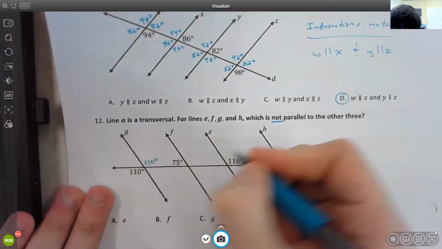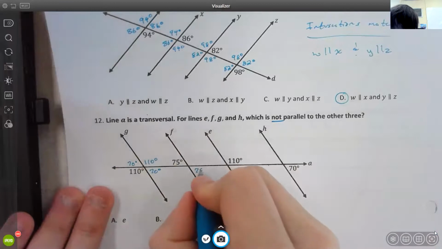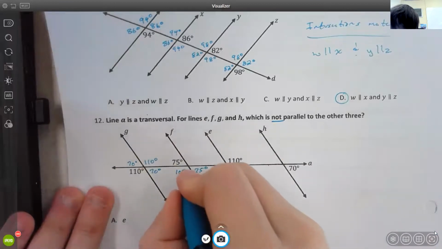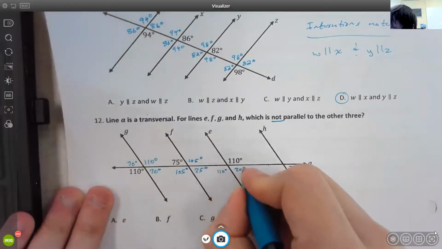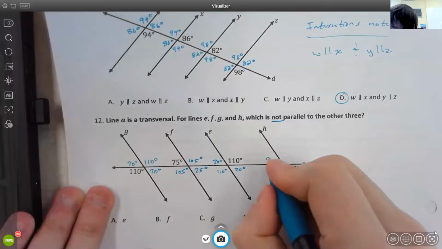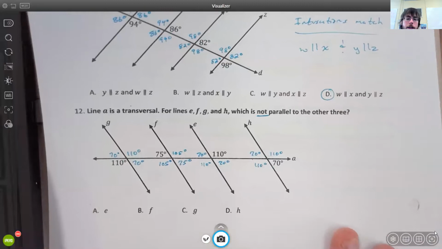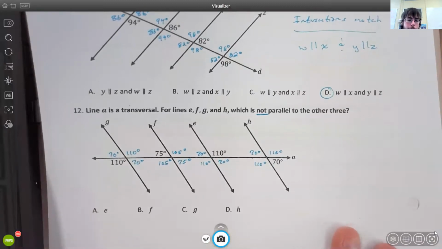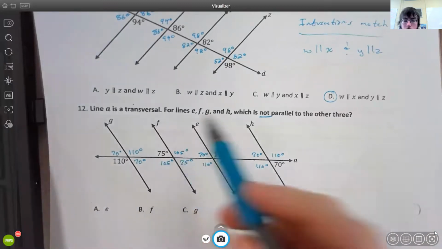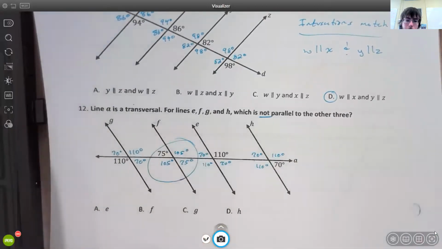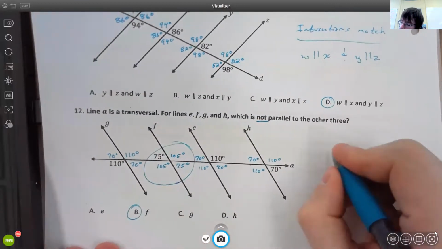This would be 110, this would be 70, this would be 70, this would be 75, this would be 105, 105, 110, 70, 70, and 70, 110, 110. So which intersection does not match with the other 3? Well, G, E, and H all match, but F is the one that doesn't, and you can see it right here. So F, which is answer choice B, is not parallel.